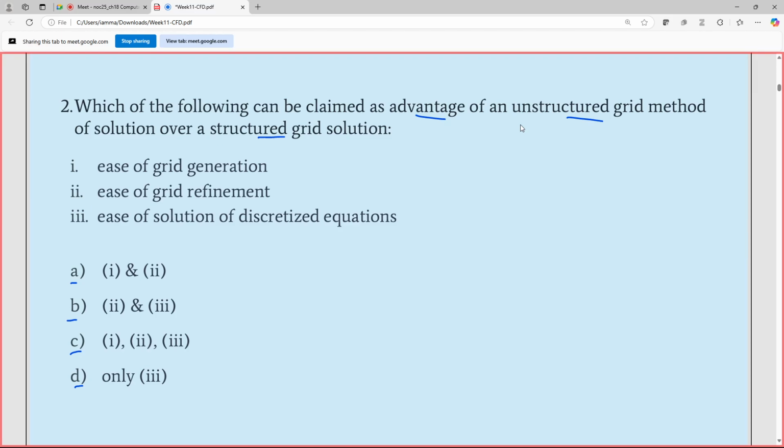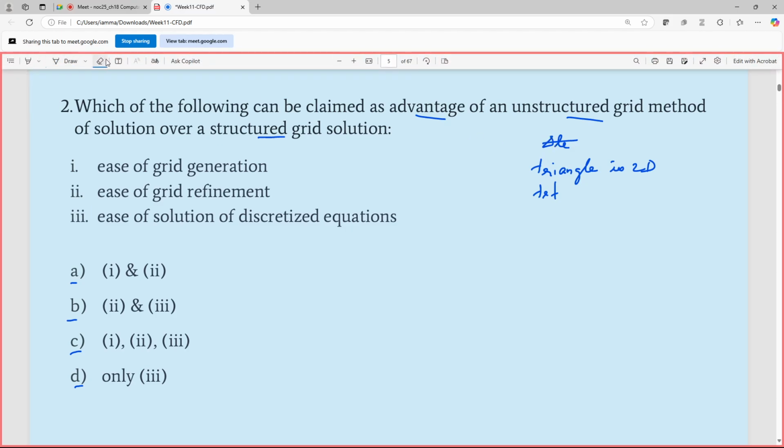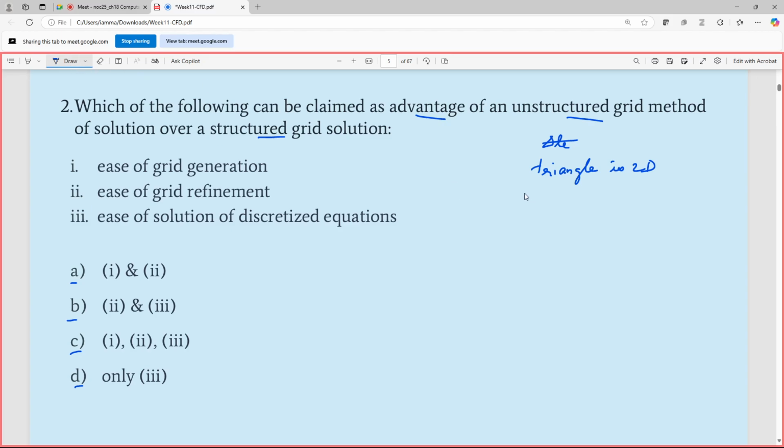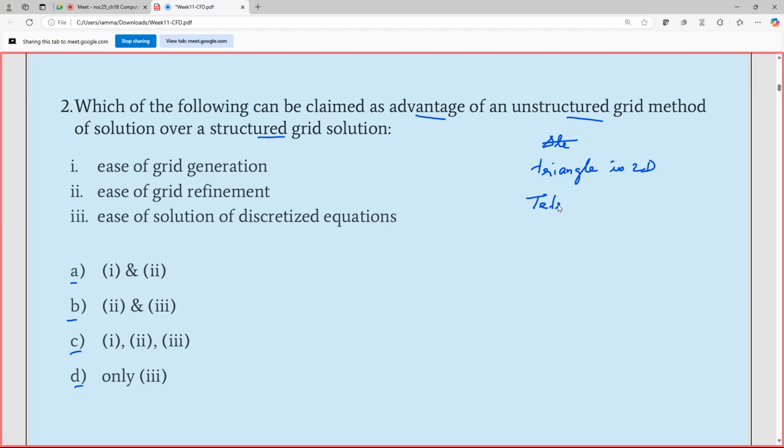Basically, unstructured grids are mostly triangles in 2D and tetrahedrons in 3D.